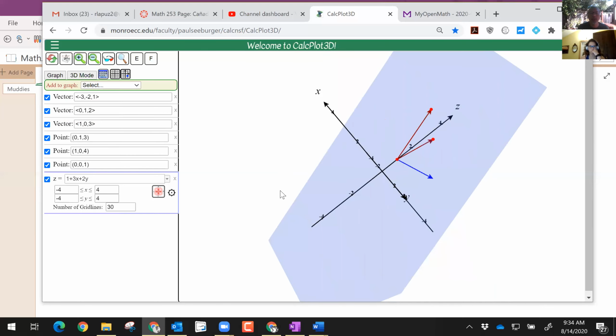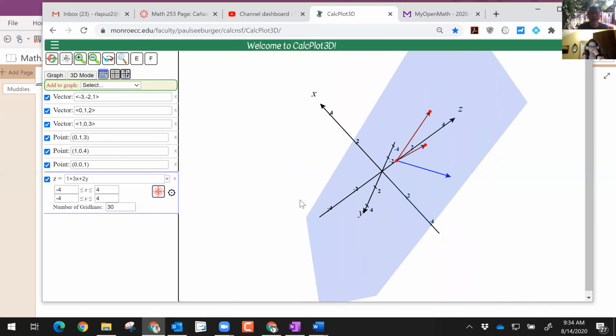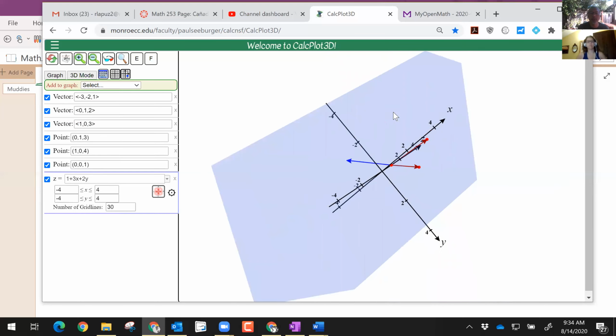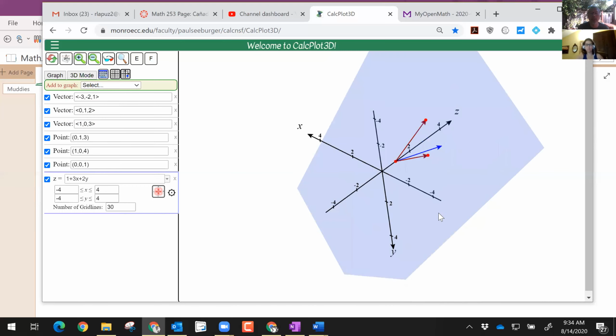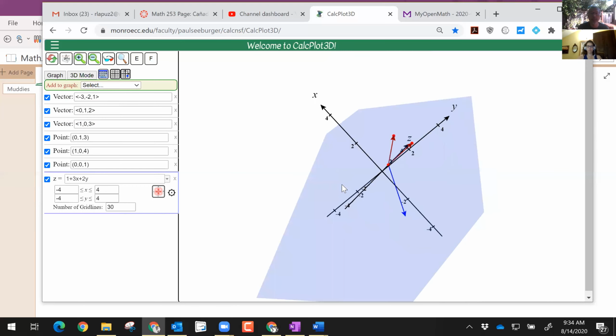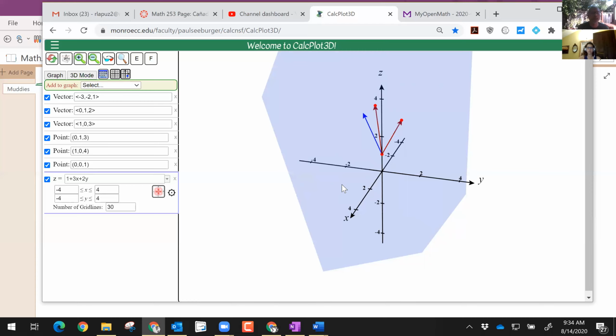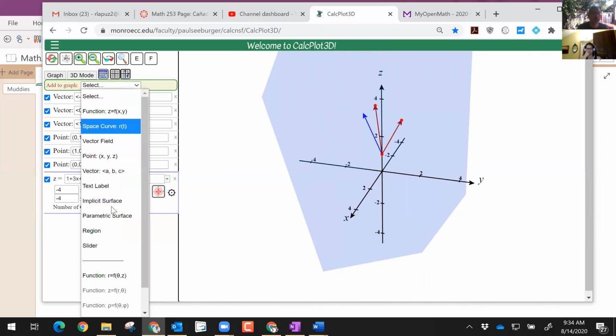What's really cool about this is that this actually was made for studying multivariable calculus because it addresses things like the integral as well. So what we're going to do is take a look at a region.